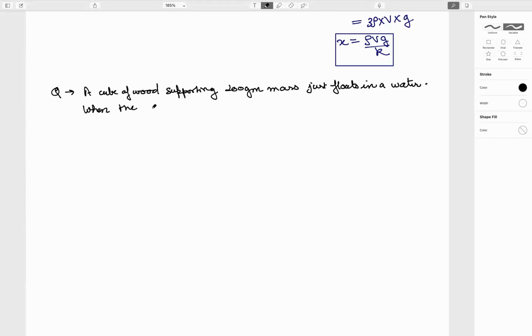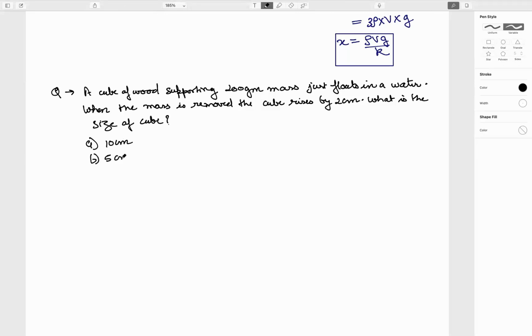When the mass is removed, the cube rises by 2 centimeters. What is the size of the cube? 10 centimeter, 5 centimeter, 3 centimeter, 2 centimeter. So try this question, and I will discuss one more very important question on torque balance in fluid statics. So I will discuss that tomorrow.